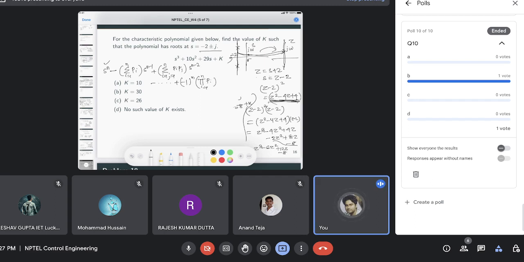This is the constant term. This is equal to 0. This is also the form of this characteristic equation where these poles are at pi.